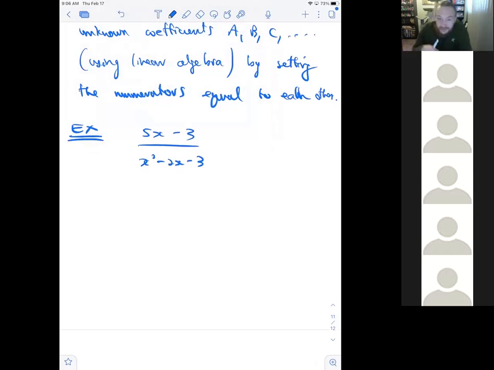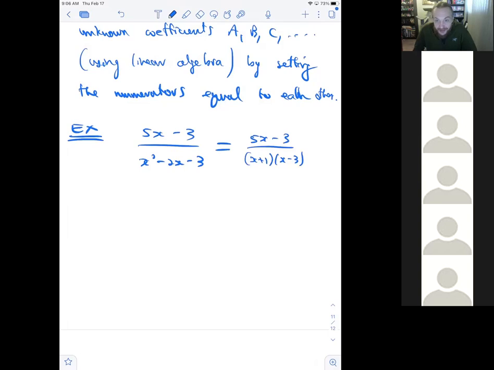First of all, the first step is: is it proper? Yes, the degree of the top is 1, the degree of the denominator is 2, so this is proper. Is the bottom factored? No. So that's my next step, factor it. Now it's factored. So is it proper? Yes. Is it factored? Yes.